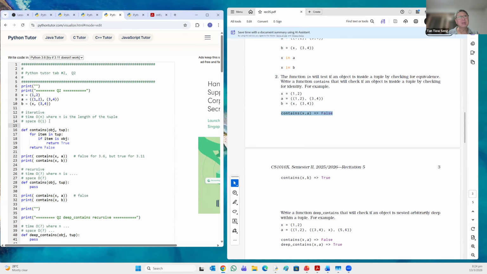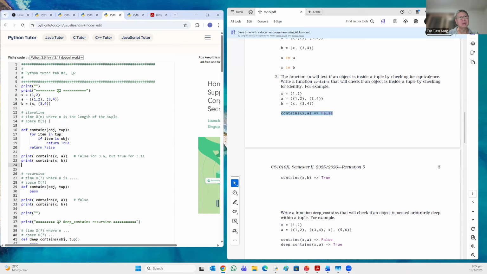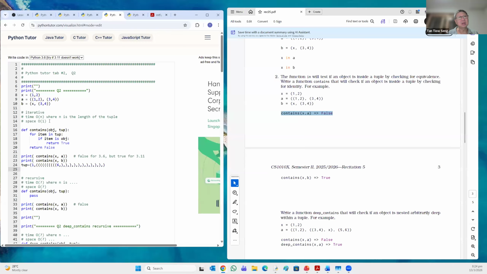What happens if I do this? What is the length of this?